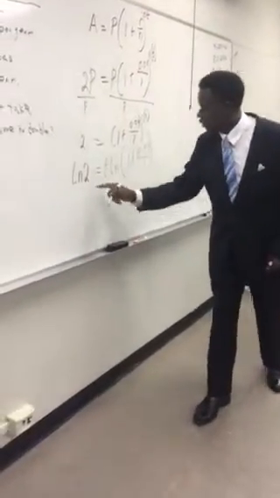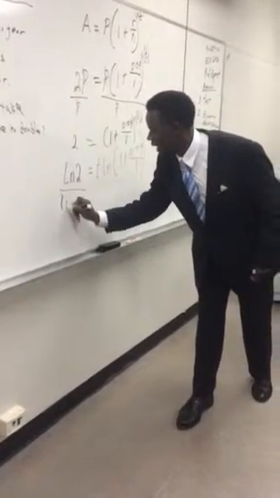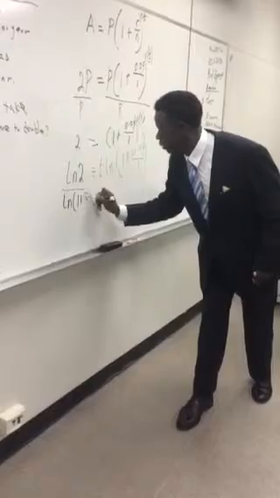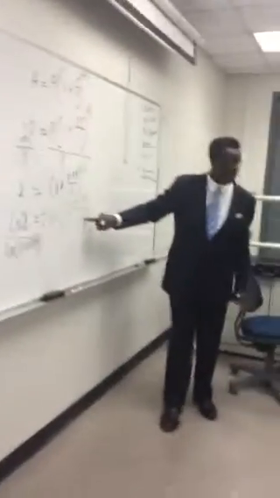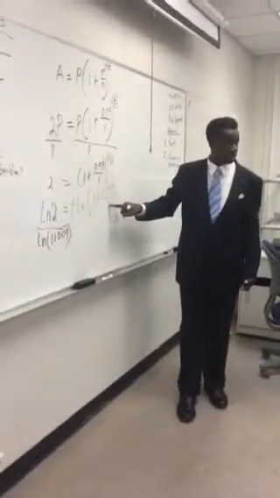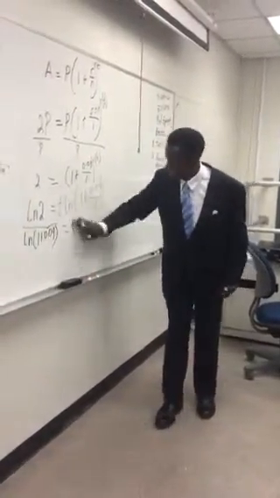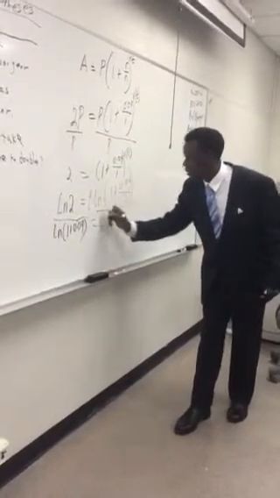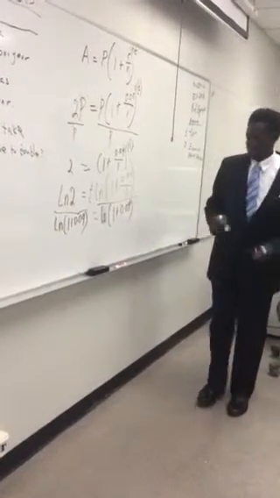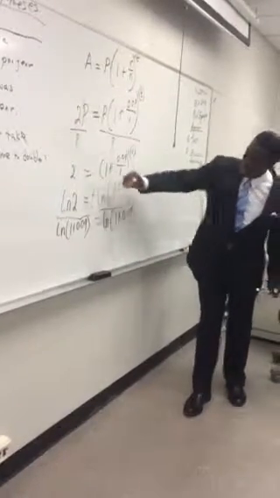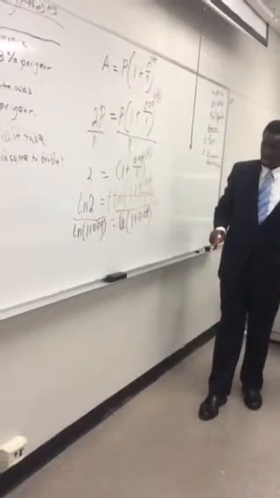So what you do now, you divide by ln of 1 plus 0.09. 0.09 divided by 1 is the same as 0.09, so you just forget the denominator 1. Then you cancel out ln 1 plus 0.09 on the right side.